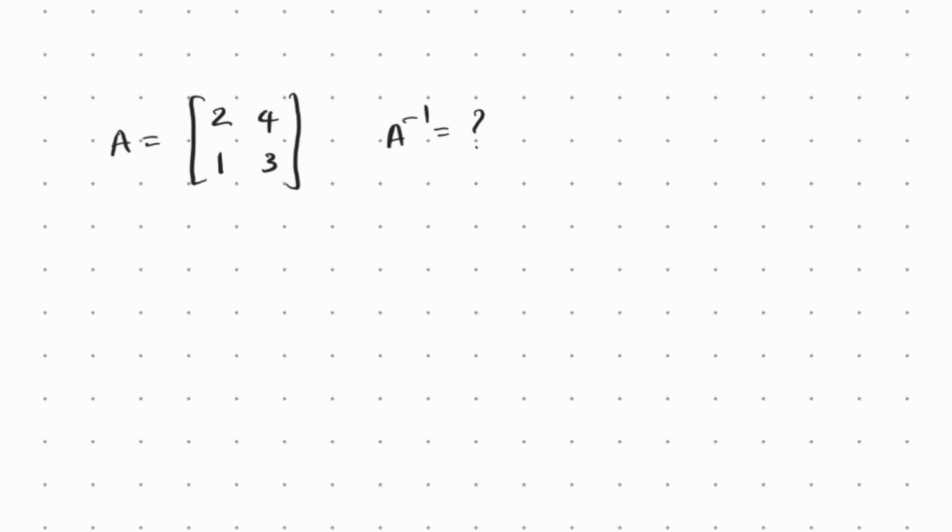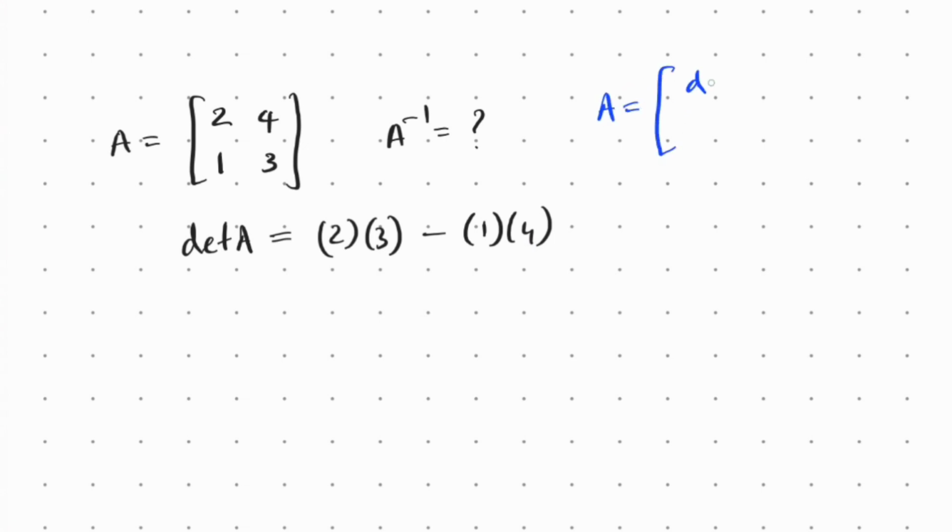First of all, you need to understand that for A inverse to exist, the determinant of A has to be calculated, and you have to make sure that it's non-zero. So in here the determinant is 2 times 3 minus 1 times 4. If you don't remember how to get the determinant for a matrix, I'll just write it down here.